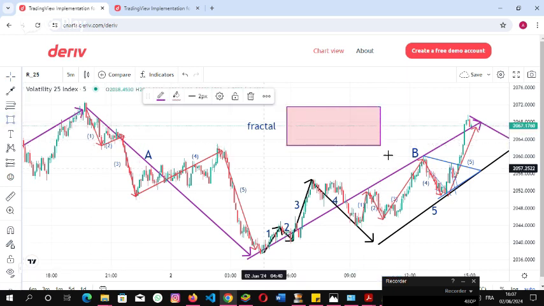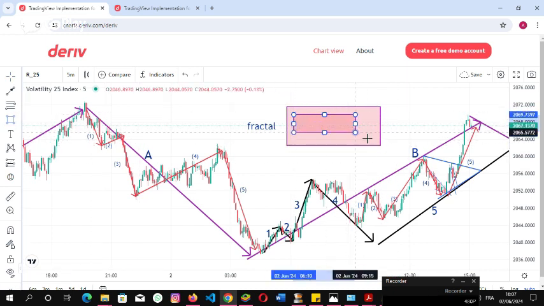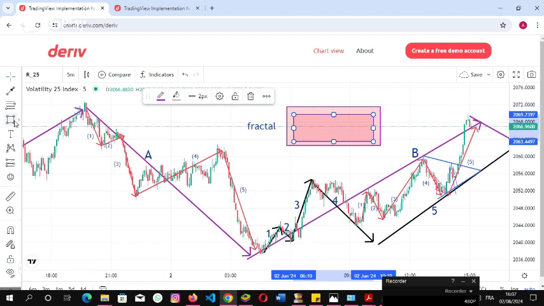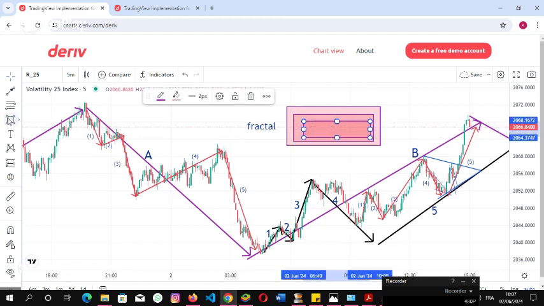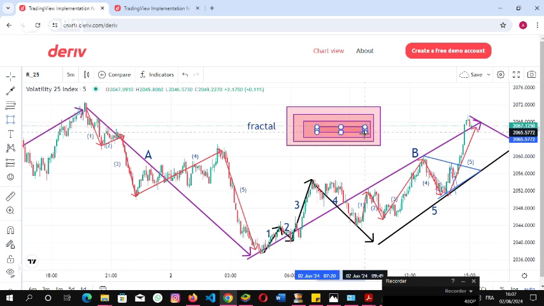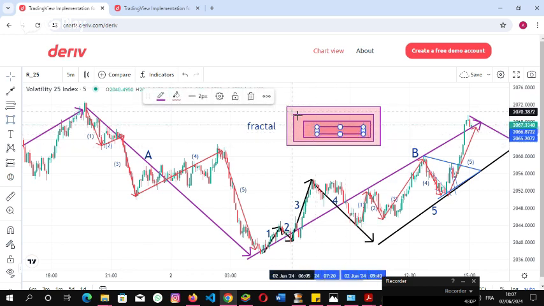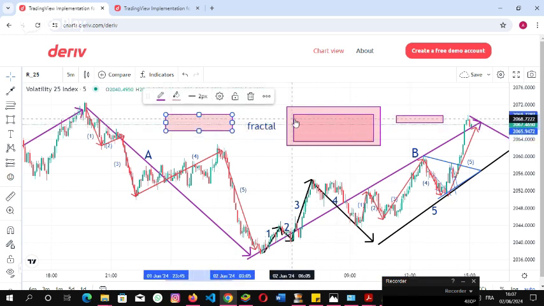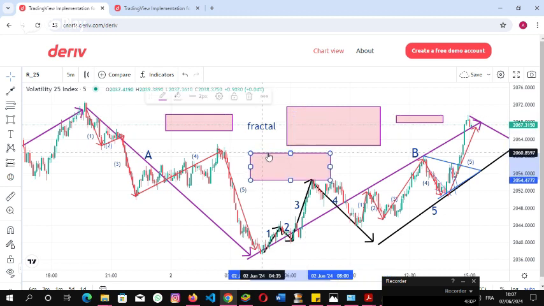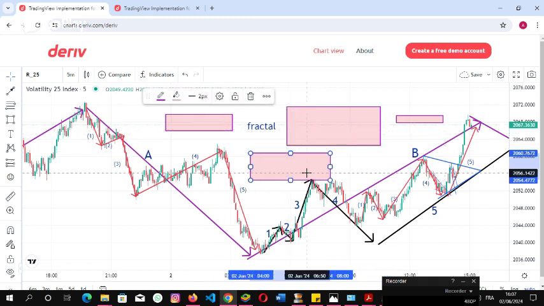Let me do some fractals here. You can see that's fractal. I'm going to do some other fractals here, and let me do a last one. You can see this is a geometric shape I've put here. It has 1, 2, 3, 4 rectangles. And if I split these rectangles into different parts, I get 4 different parts.